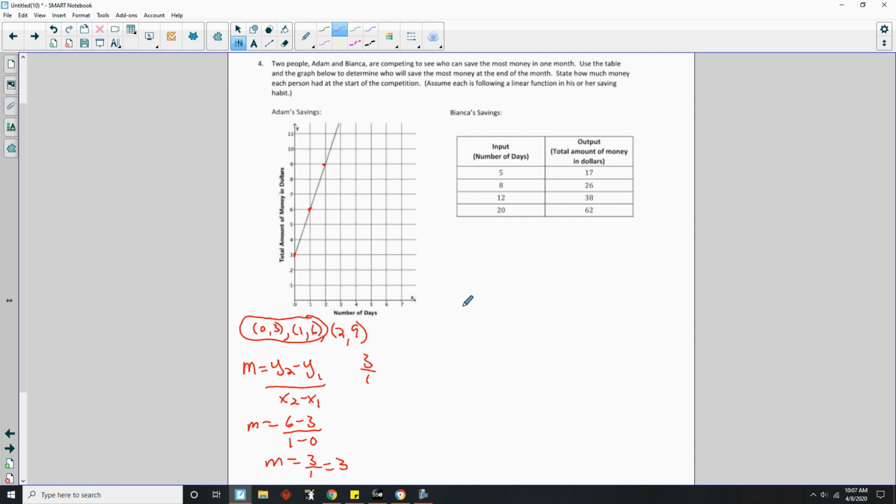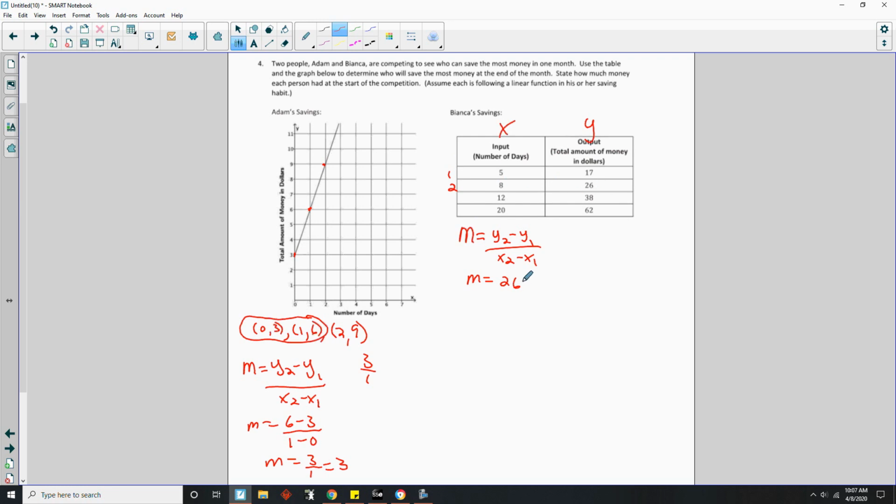Okay, so now I want to do the same over here for Bianca. So she has the points 5, 17 and 8, 26. So I want to find the rate of change represented by m, y2 minus y1 divided by x2 minus x1. So this is point 1 and this is point 2. So these are the y's and these are the x's.